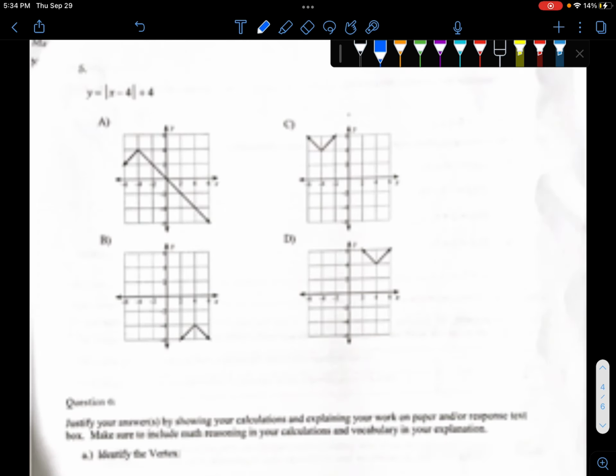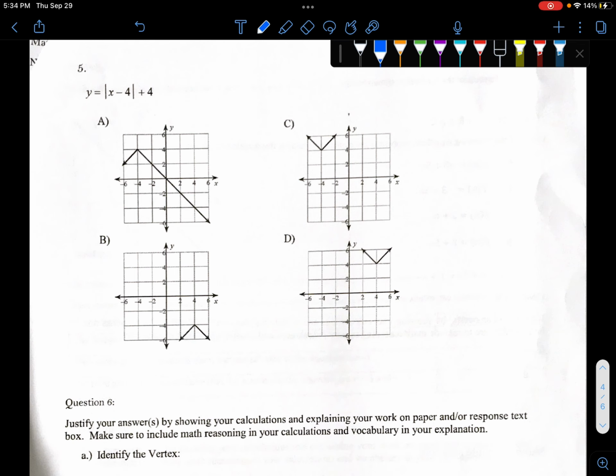In number 5, you need to find your A. My A is 1. My H is 4. My K is 4. So my vertex is H, K. Therefore, it's 4, 4.